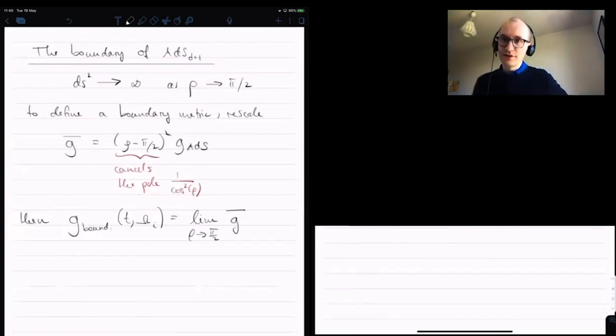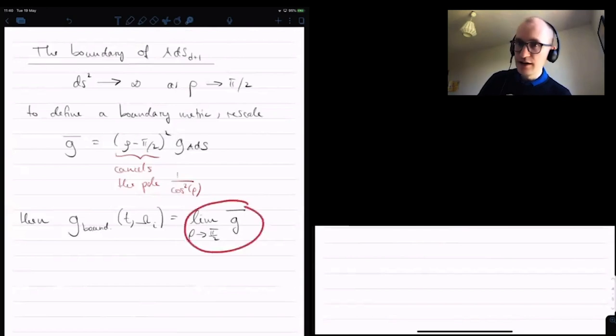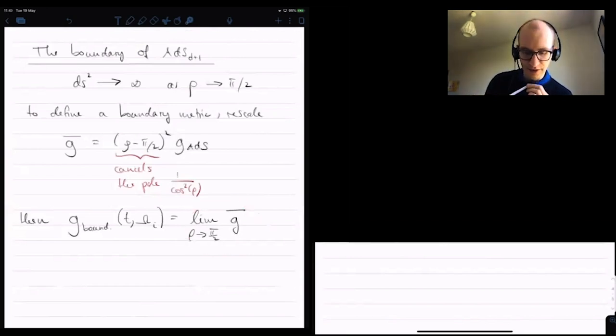So we've done one such thing where we basically just multiplied it by cosine squared. And then the limit is finite, and we were able to extract this limit. And this limit was what I called r times S^(d-1). But as I'm pointing out here now, this is not unique. So this procedure is not unique.